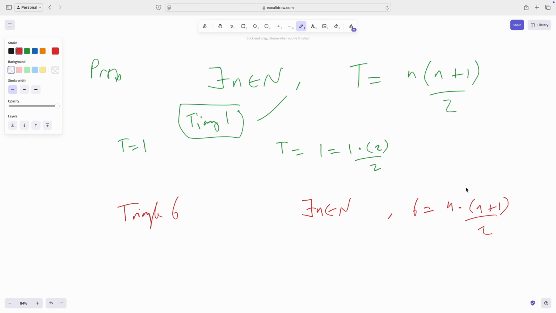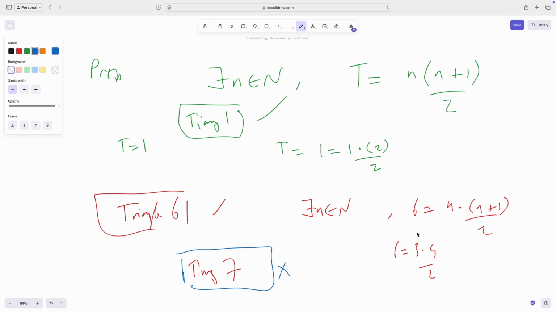And it doesn't matter how we find it, as long as there is one that satisfies this condition. Can we do this? Let's say 3 times 4 over 2. 6 equals 3 times 4 over 2. That works. So yes, 6 is a triangle number. If we had 7, triangle 7, that wouldn't work because we can't write it in this form. So that's just to illustrate that.